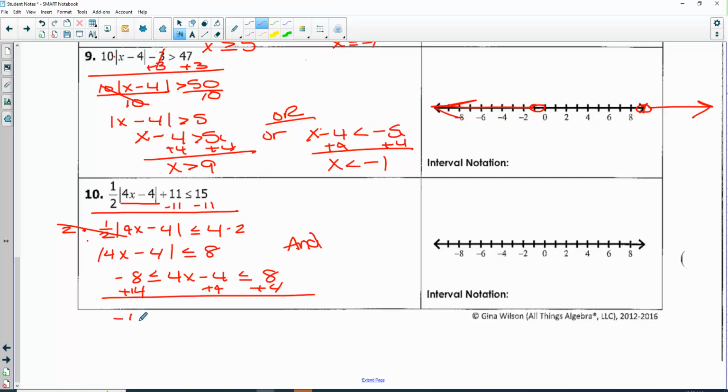So we get -4 less than or equal to 4x less than or equal to 12. And then Jenna, what would I do to finish? So we have -1 less than or equal to x less than or equal to 3. So it's an and. You get in between the two pieces.